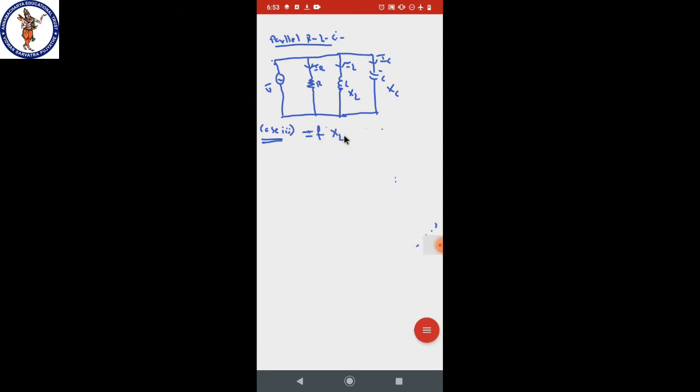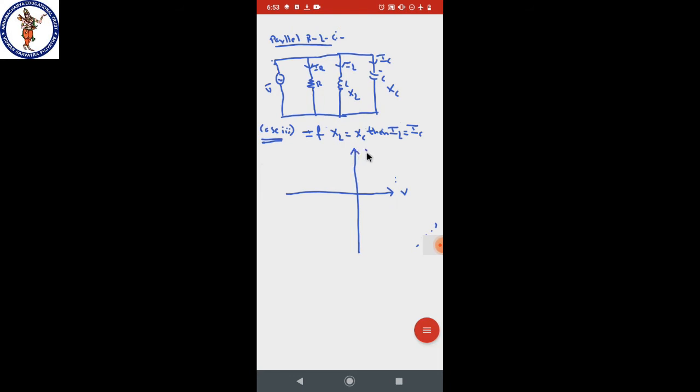If XL equal to XC, then IL equal to IC. Now I will write the phasor diagram. Voltage will be the reference for the circuit.